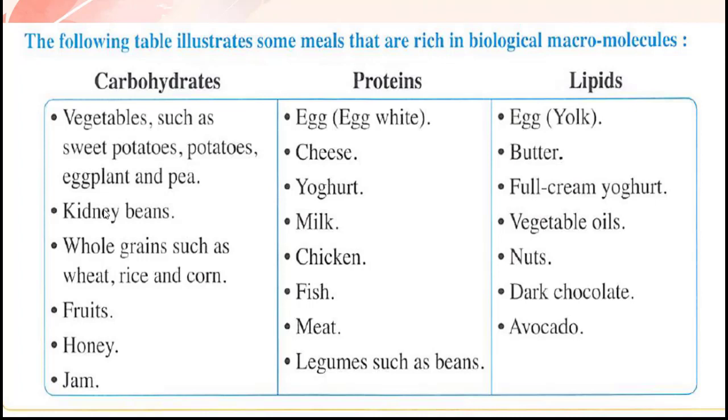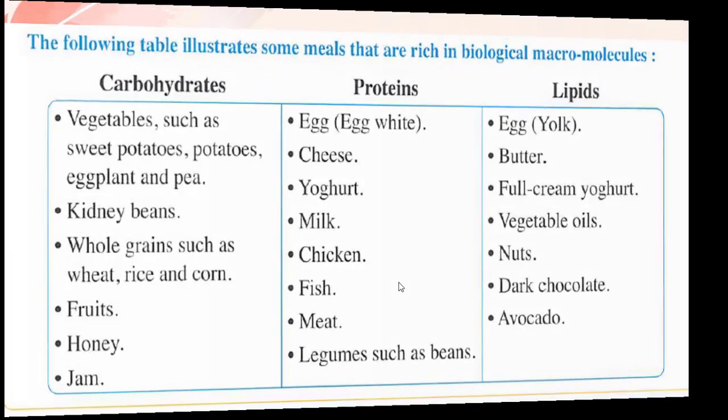Animal protein exists in egg, cheese, yogurt, milk, chicken, fish, meat. Plant protein exists in legumes such as beans, peas, and lentils. Lipids exist in egg, yogurt, butter, full cream yogurt, vegetable oil, nuts, dark chocolate, avocado. These are examples of food that contain different types of macromolecules like carbohydrates, proteins, and lipids.